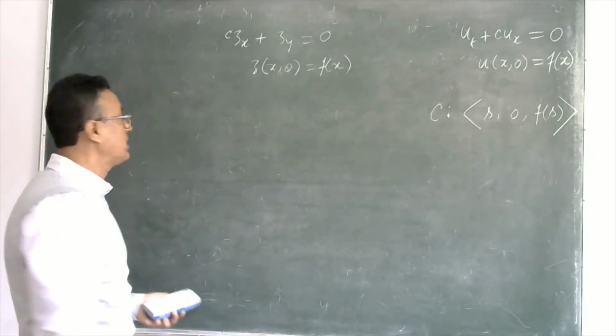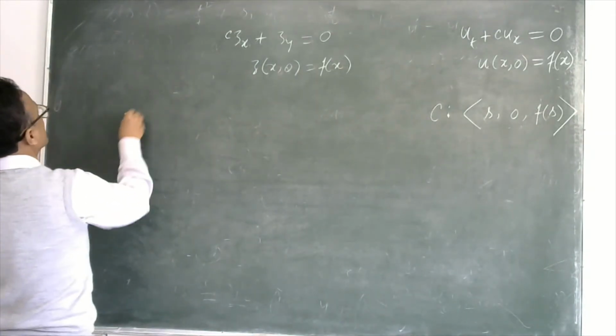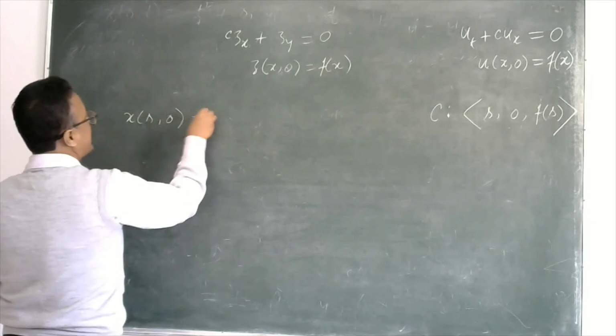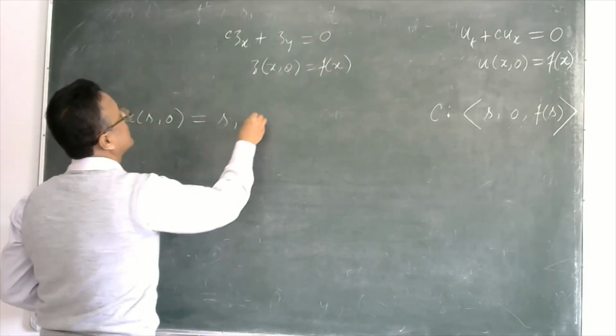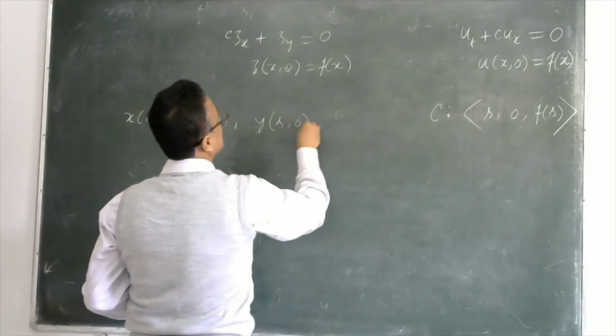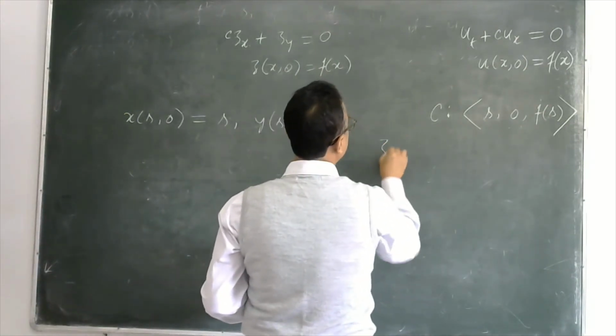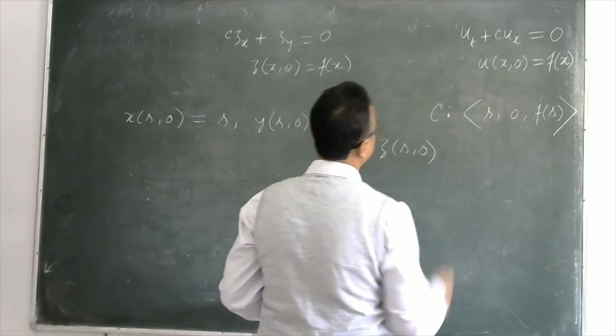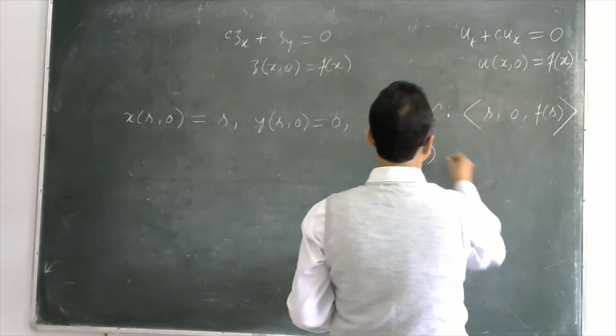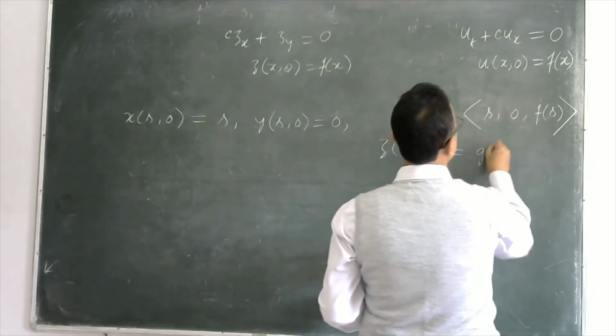So x(s,0) is s, y(s,0) equal to 0, and z(s,0), which I write as z0 of s, is nothing but f of s.